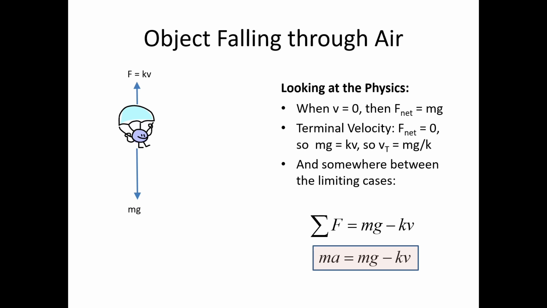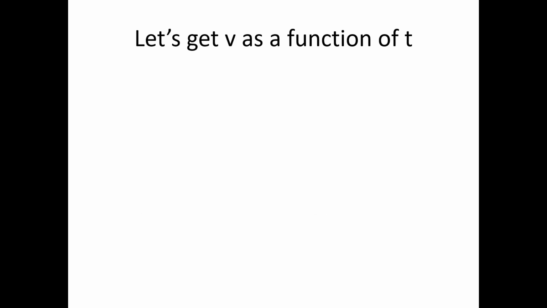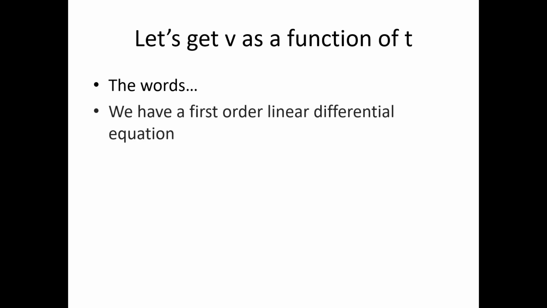This is a unique situation where acceleration is the derivative of velocity, and they're both in the same equation. That's called a differential equation. What we ultimately want to do is find velocity as a function of time. So we're going to say we have a first order linear differential equation that we're solving.